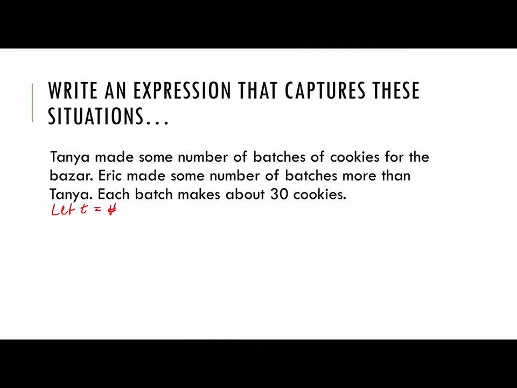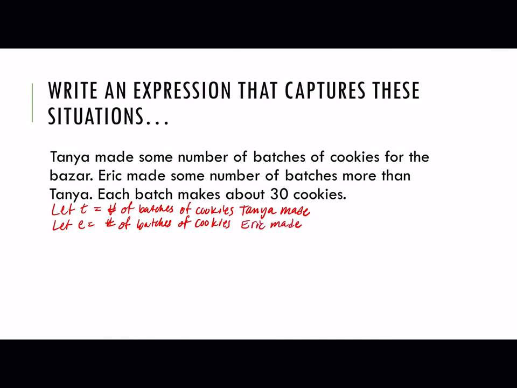T is going to equal the number of batches of cookies Tanya made. Okay, then we're going to let E equal the number of batches of cookies that Eric made.